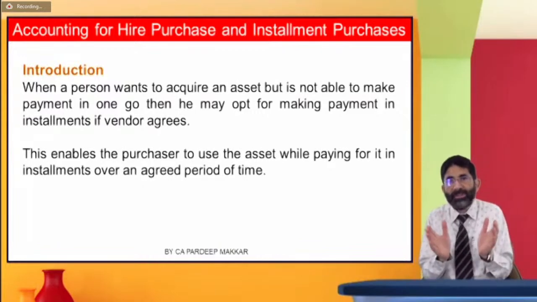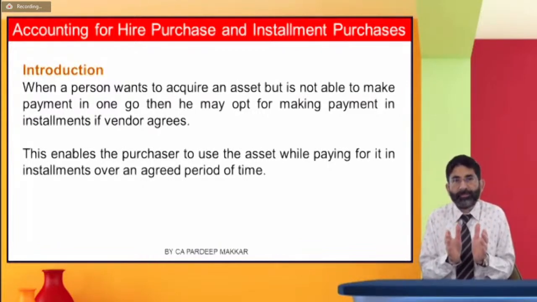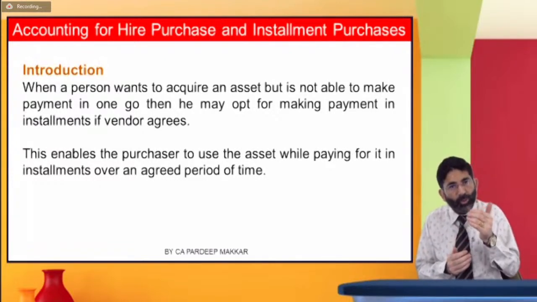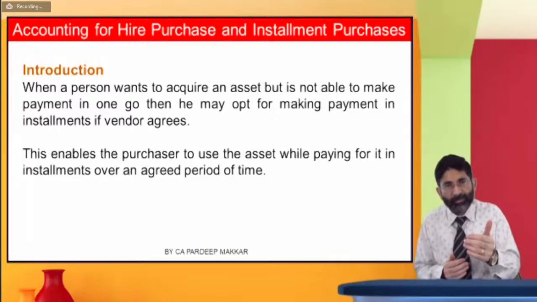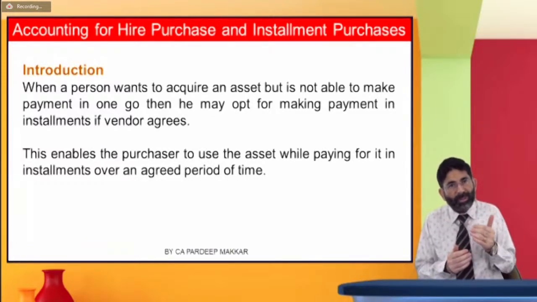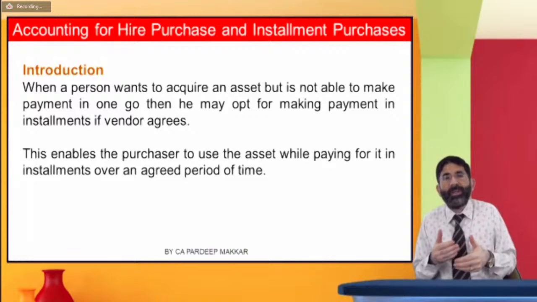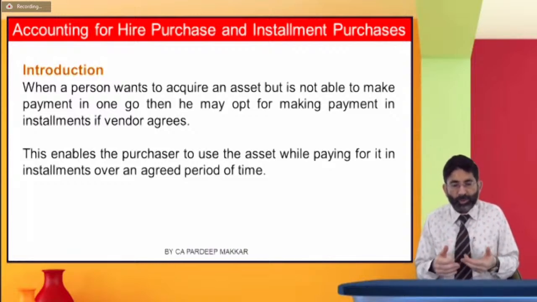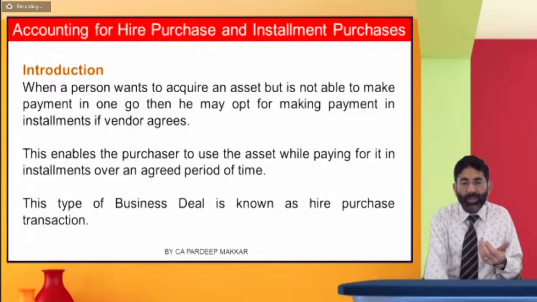Then obviously, what will happen? He will allow me to use that car for those 5 years, and the commitment should be that I make the payment regularly. So this is the concept of hire purchase.